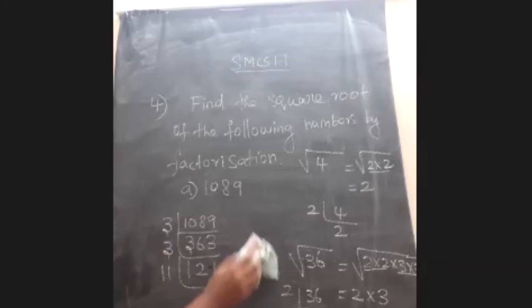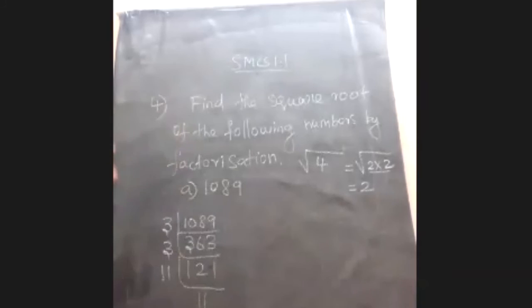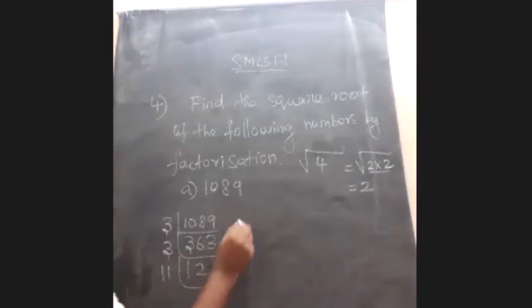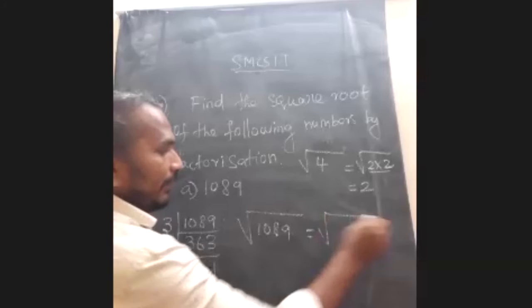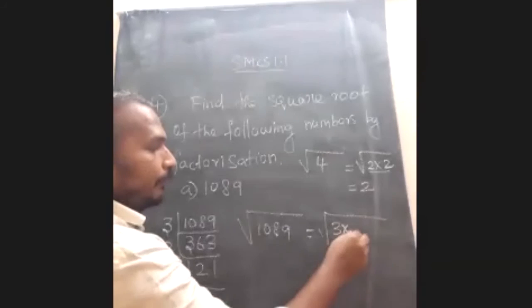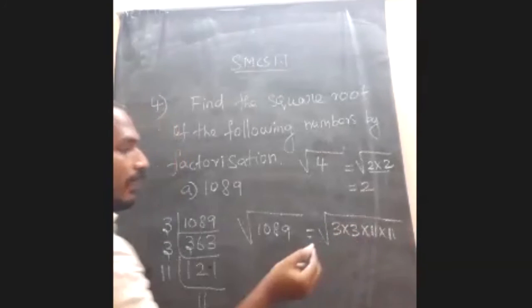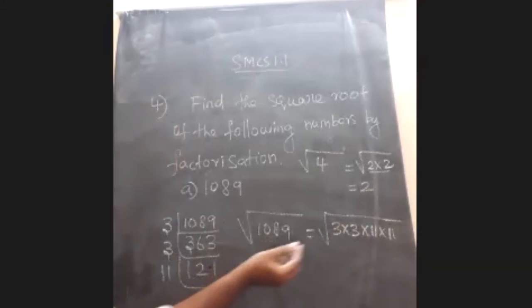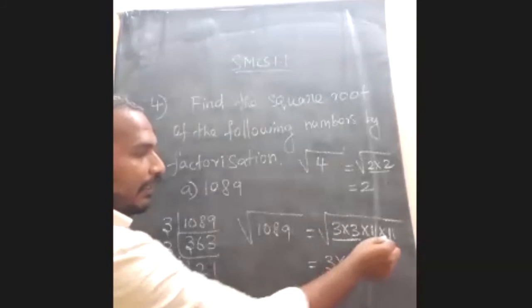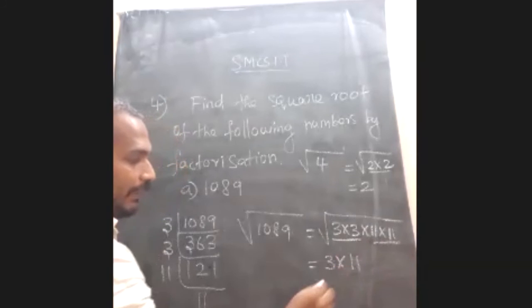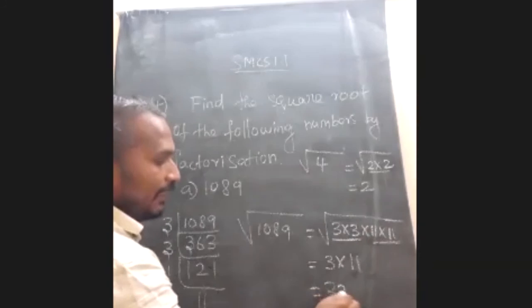So we can write square root of 1089 is equal to 3 into 3 into 11 into 11. So as I told you earlier, we have a pair of 3 and I can take this one also, a pair of 11. So 3 into 11, the answer is 33.